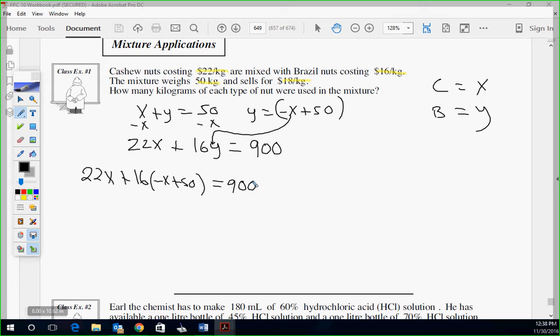We're good? Distribute. 22x minus 16x. 16 times 50, I believe, is 800, minus 800, and then we'll combine the x's. You guys are Math 10 now, you can do two algebra steps at once. 6x equals 100.